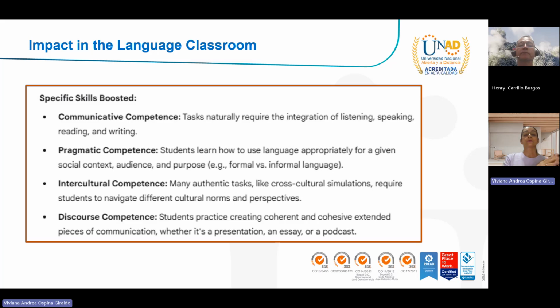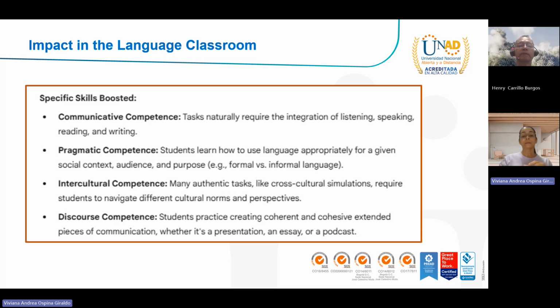It also boosts their pragmatic competence, and students learn how to use language appropriately for a given social context and for a purpose, whether it is a formal or informal context. So this pragmatic competence, when we motivate our students and give them the opportunity to integrate their skills, and the activity they are doing has an authentic assessment, then the pragmatic competence also gets boosted. Intercultural competence.